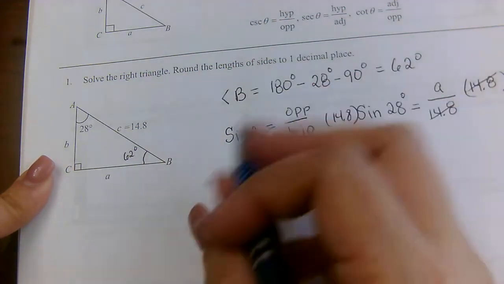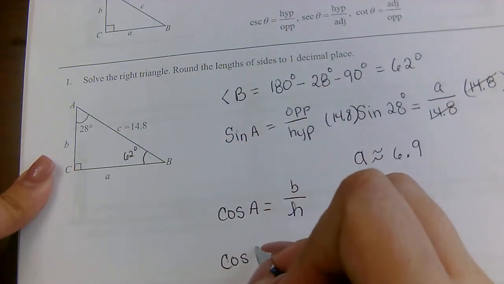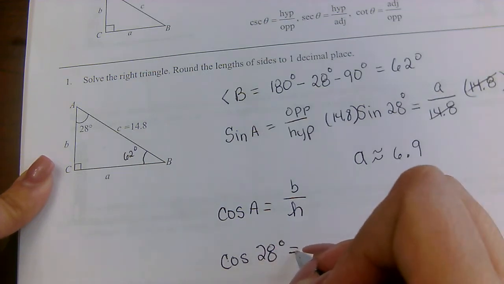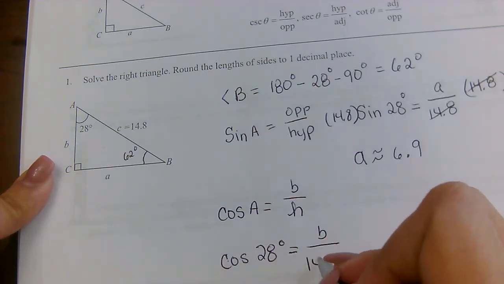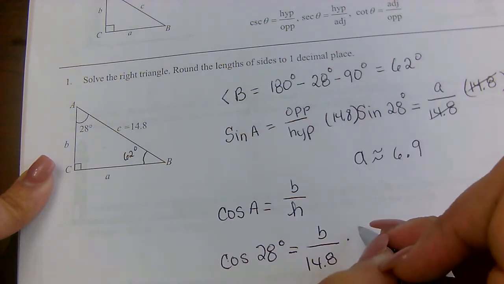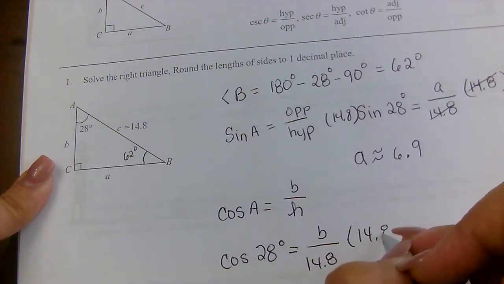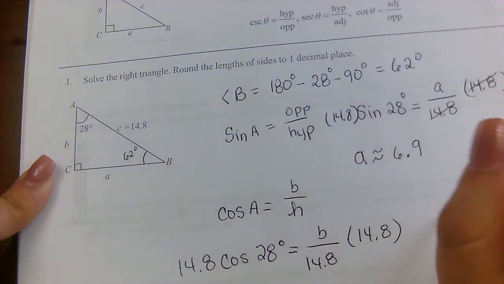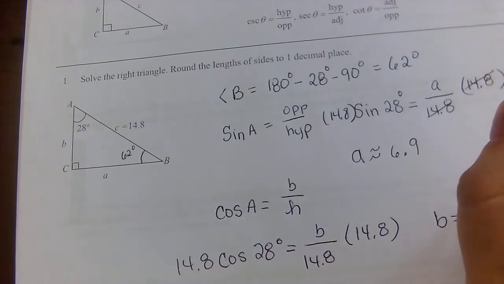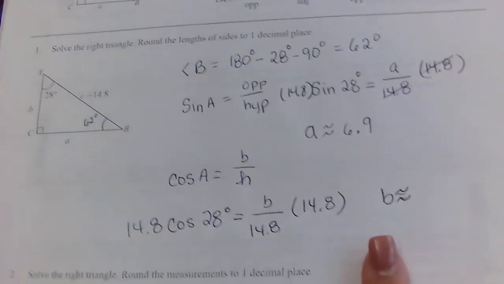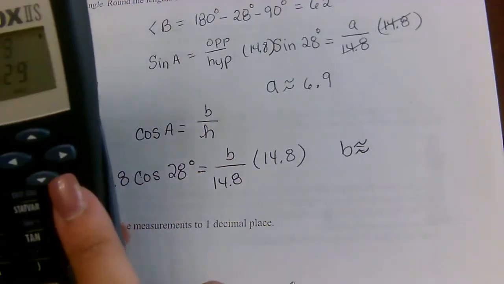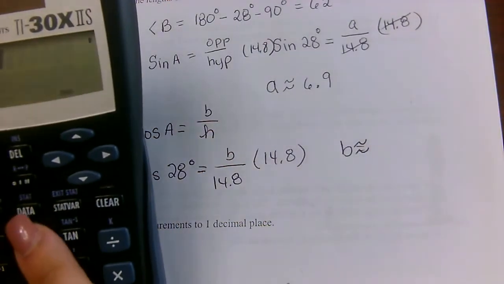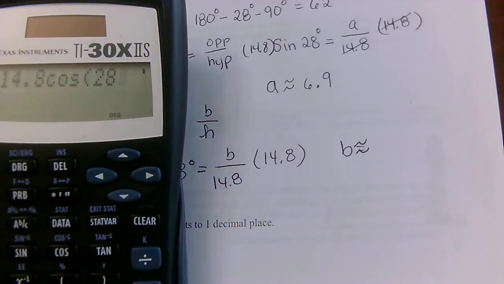So let's go ahead and plug those in. Cosine of 28 degrees is equal to b over 14.8. Again, I'm multiplying both sides by 14.8, and I'm going to get b is equal to 14.8 cosine of 28.